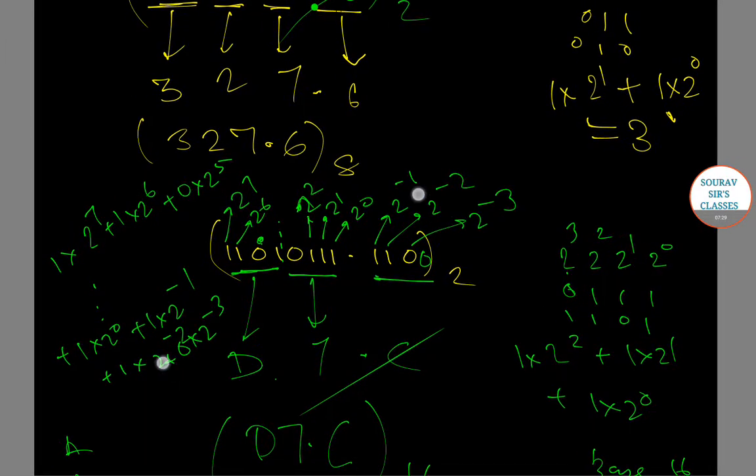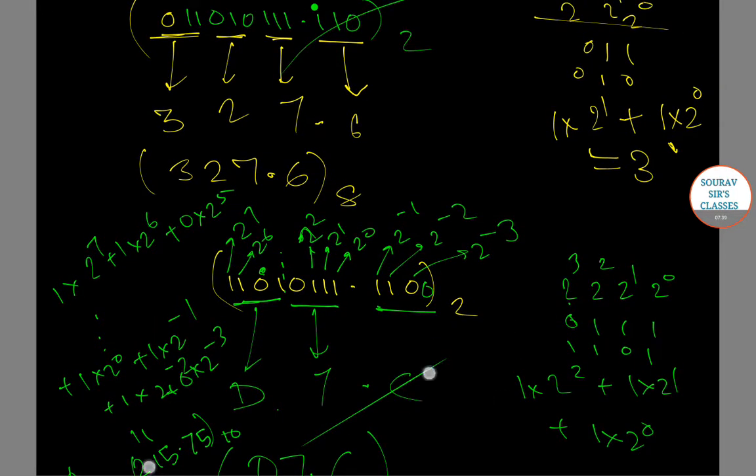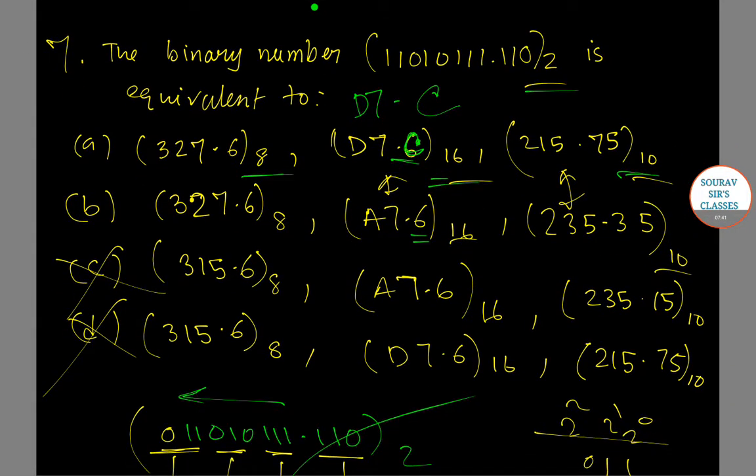So this will come out as 215.75 in base 10. So the option will be option A, which we could have told from the base 8 and base 16 interpretation alone. So the answer will be option number A.